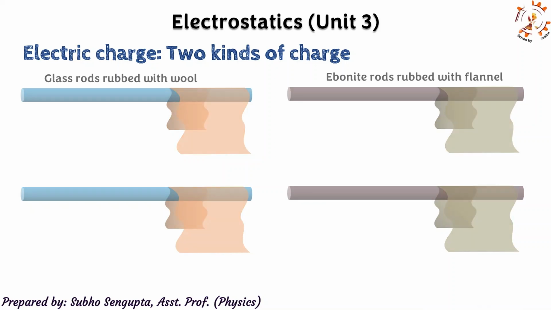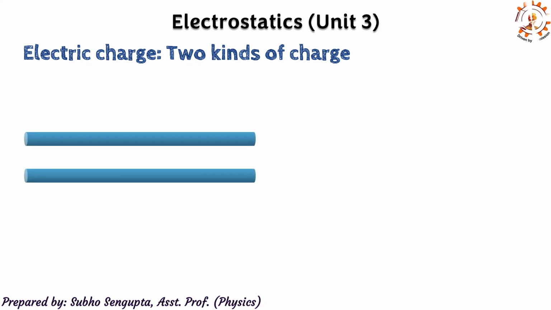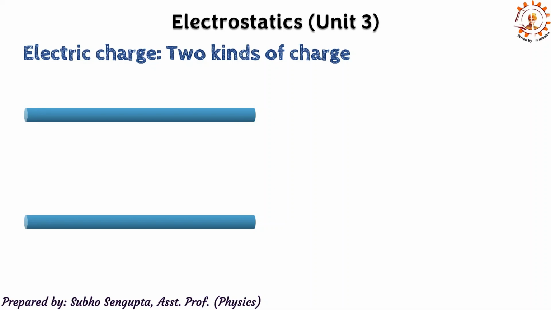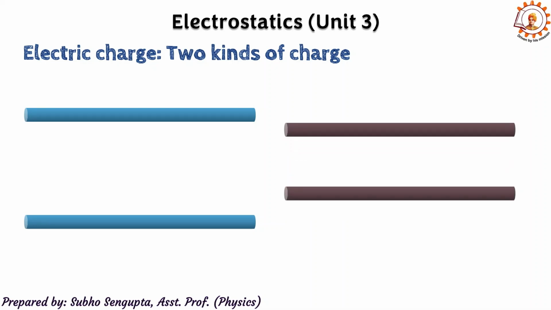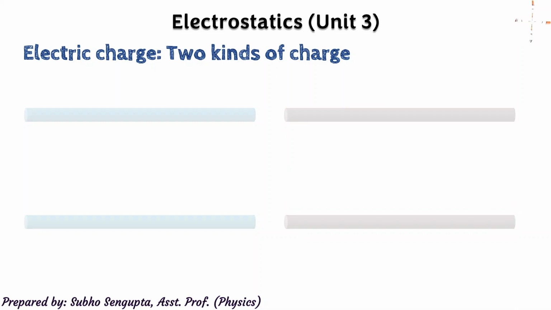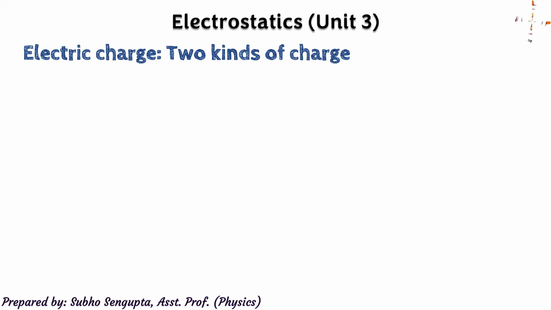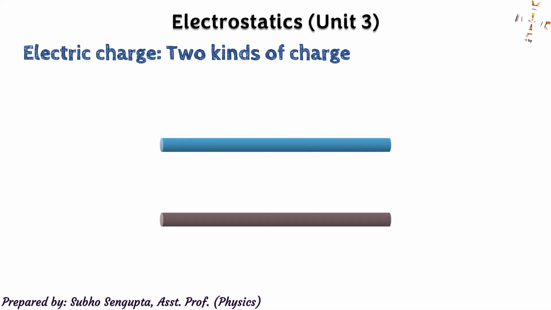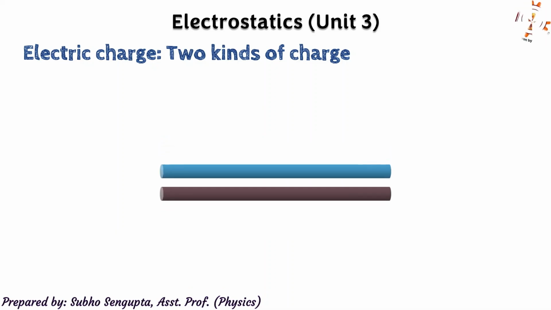Now, if we bring those two glass rods close to each other, we find that they repel each other. Similarly, when we bring those two ebonite rods close to each other, they repel each other, just like the glass rods. However, when we bring one of those two glass rods and one of those two ebonite rods close to each other, they attract each other.